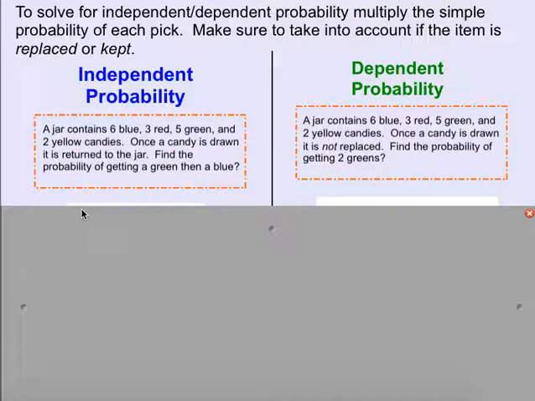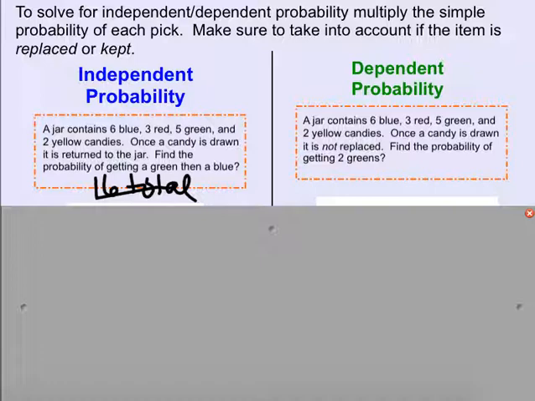Now let's look at these side by side, looking at independent then dependent. So we have all of these candies in a jar: 6 blue, 3 red, 5 green, and 2 yellow. That means that there are 16 total. For the first one, I am going to pick a candy, put it back, and then pick another. And I want a green and then a blue.